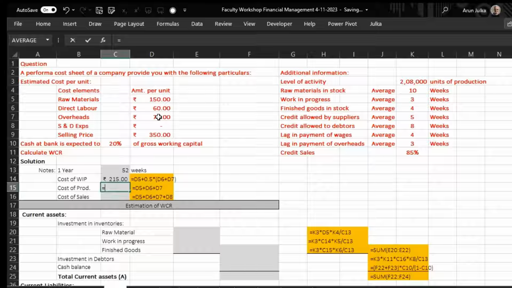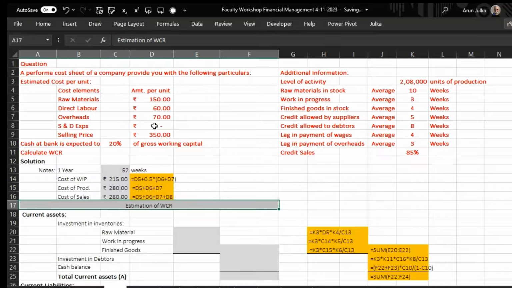And production cost is raw material plus labor plus overhead cost. Now, when you talk about cost of sale, it equals raw material plus direct labor plus overheads plus selling and distribution expenses. Because selling and distribution expenses are not given here, that's why cost of production equals cost of sale.